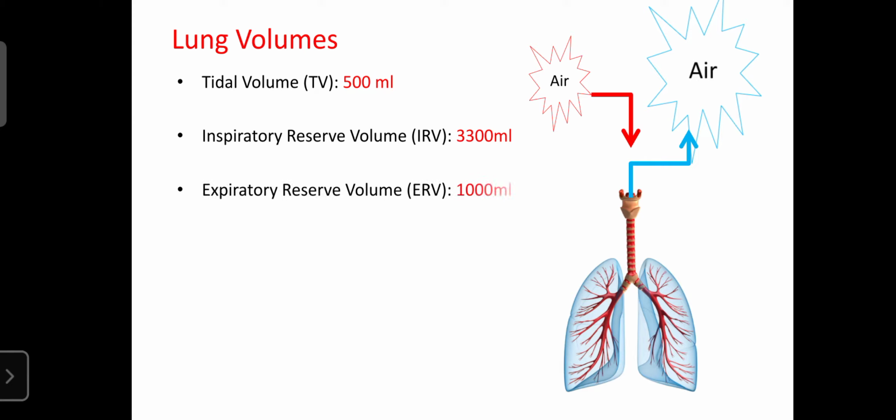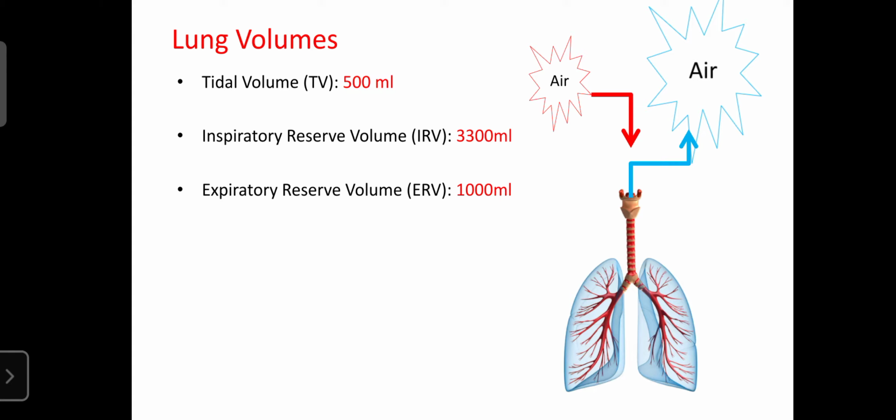The next one is the expiratory reserve volume, the ERV. Its normal range is 1000 ml. That is the amount of extra air exhaled beyond the normal volume during a forceful breath out. During a normal expiration we expel 500 ml, and after that we can forcefully expire some more volume of air.